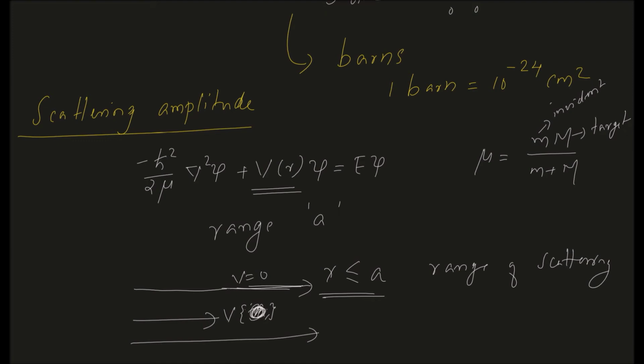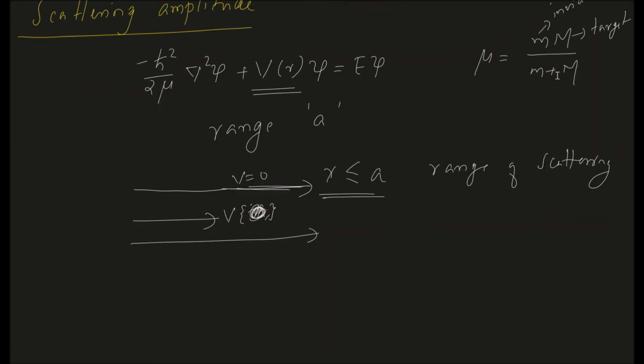So for non-scattering waves or the incident beams just before the collision, since the potential is zero, you can describe the incident beam by a plane wave.